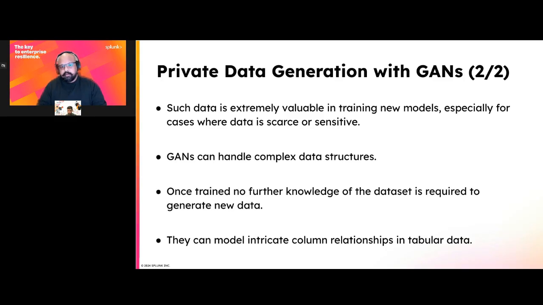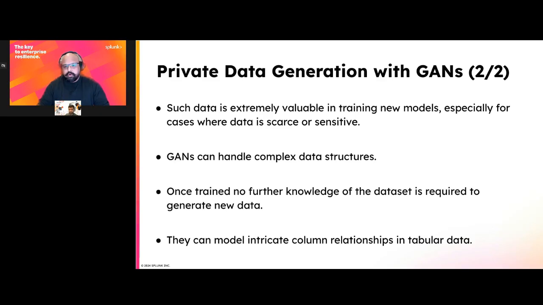So there would be far more successful attempts as compared to malicious ones. GANs can handle very complex data structures, and they can also learn the structure of the data, in the sense that often you have columns of data related to each other, and GANs can mimic this very well.